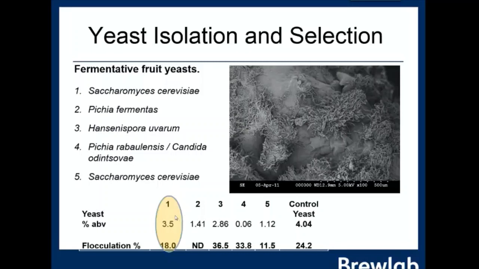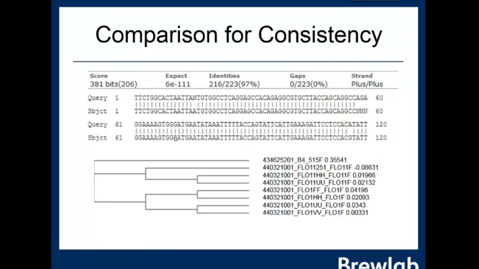But in many cases we might want to mix in some of these yeasts. So we might say that number 1 and maybe number 3 with a good flocculation ability would be a good combination. But these processes allow us to then take further steps and not just have to rely on a mixed unknown culture. We can identify and further do the physiology to select what we might be interested in.